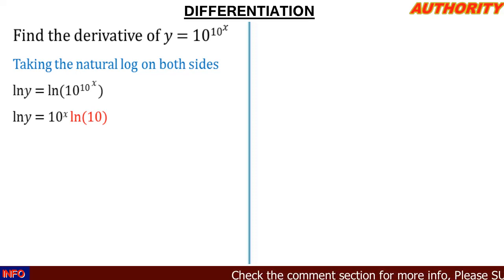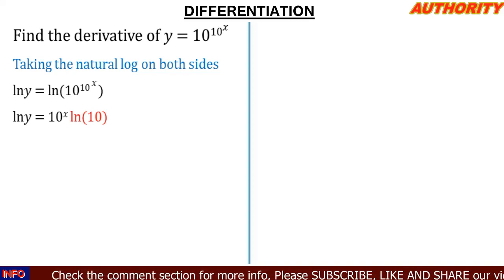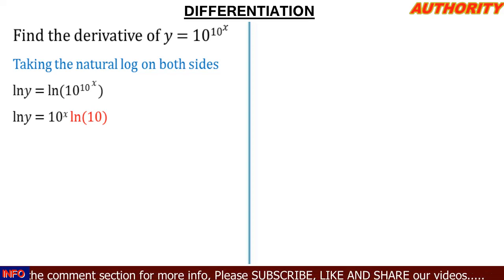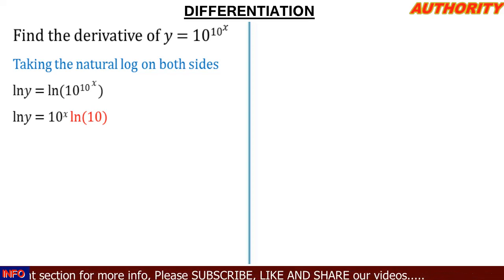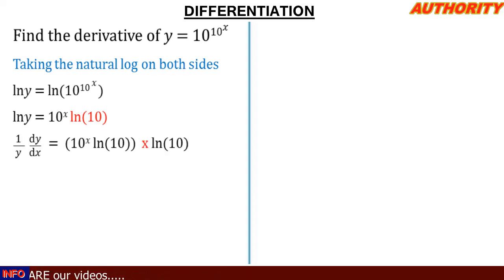Starting from the left hand side, the derivative of ln y, we find as if it is ln x, and then because y is implicit, we multiply by dy/dx. So the derivative of ln y gives us 1 over y dy/dx, equal to, coming to the right hand side, 10 raised to power x ln 10.